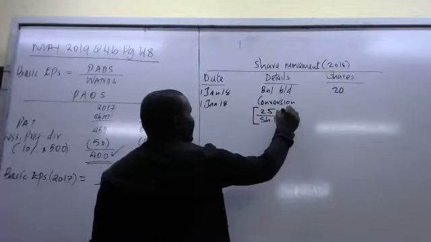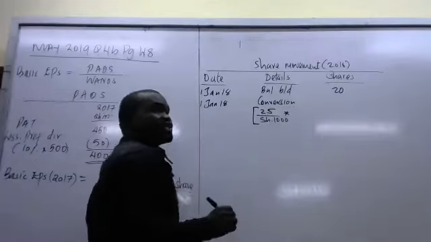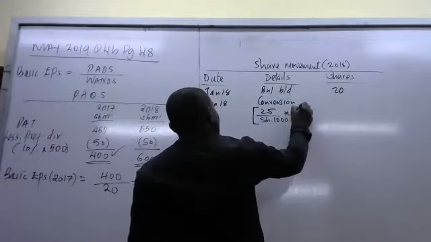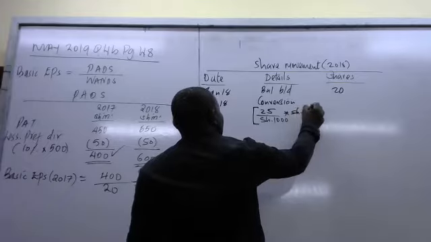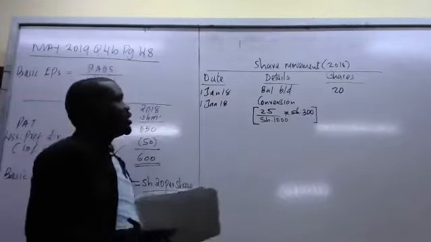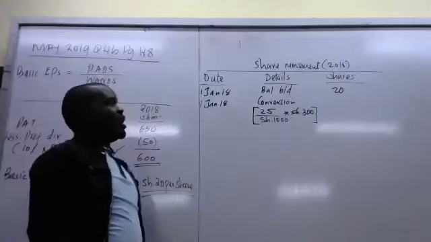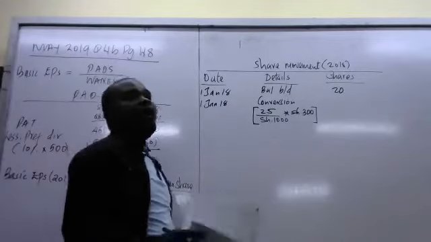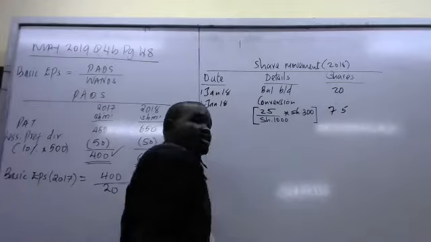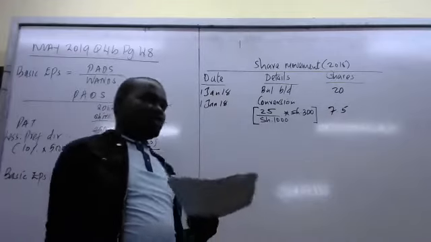They have converted shillings how much? So check for me that. 7.5. 7.5. Good.